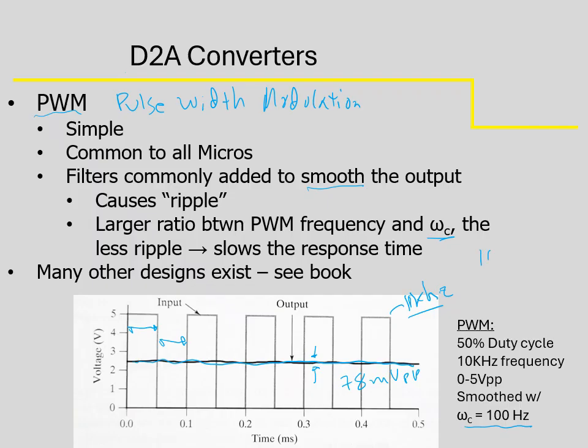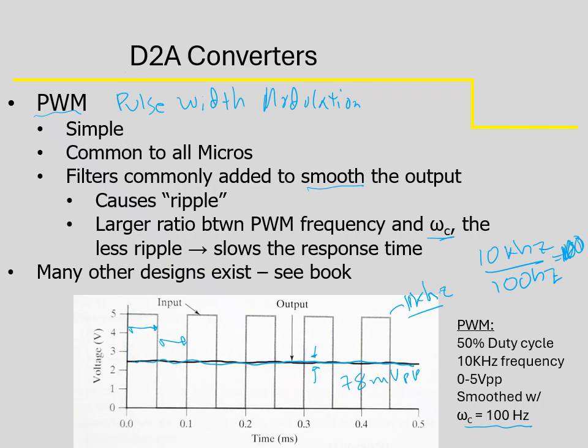We have 10 kilohertz over 100 hertz, so that's a ratio of 100 between our PWM frequency and our corner frequency. You can get that ripple smaller by having a bigger ratio.